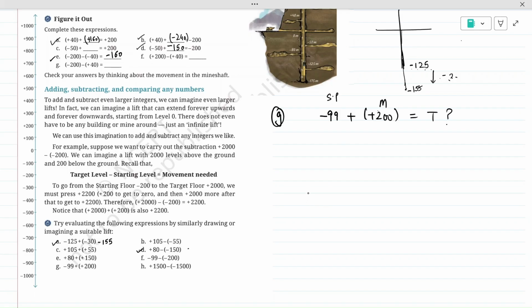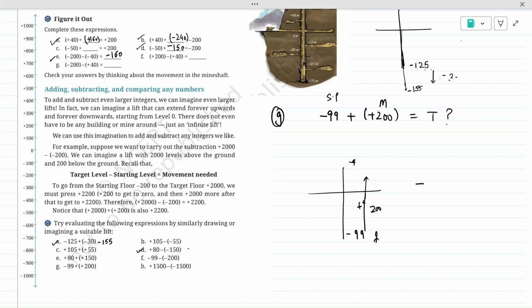So that means, let me draw that I am at minus 99 here, and I am taking 200 steps in positive. That means I am going up here and taking 200 steps positive. So since I am going up, that's why it is positive here. So from minus 99, if I am taking 200 steps, where am I going to reach?